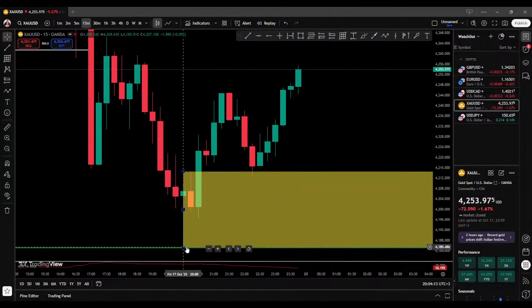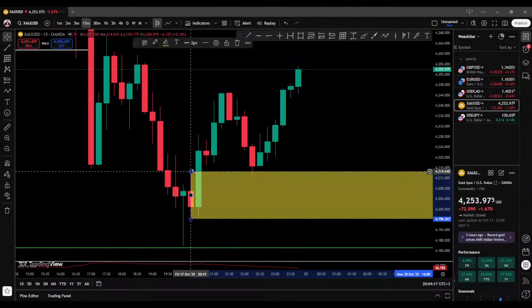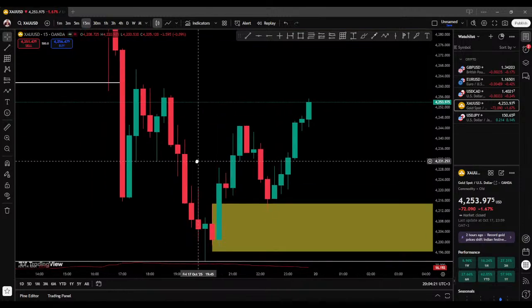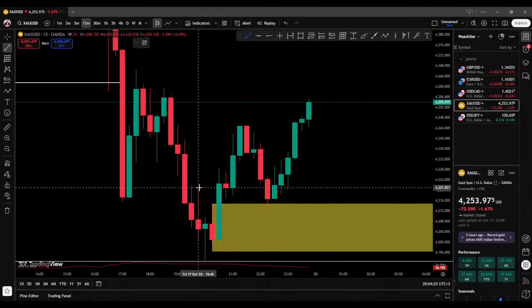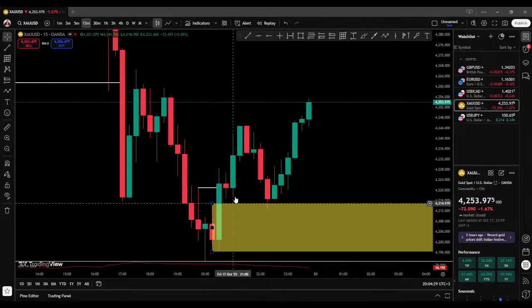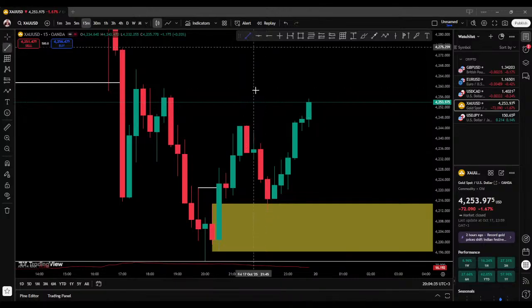You see we have another block here, a breaker block. So the market came, broke structure here. This was the last wick up, broke structure here, it retraced. You see this retracement, then broke structure again.